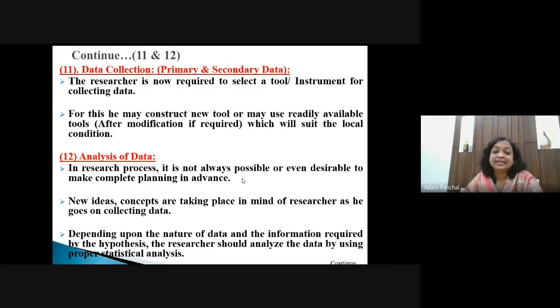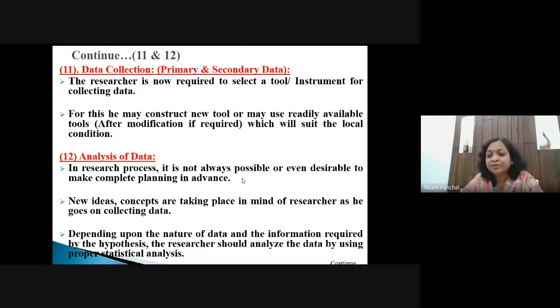The next thing is analysis of data. In the research process, it is not always possible or even desirable to make the complete planning in advance, because many times once you get data, parallelly you get an idea that something unexpected is happening. So new ideas and concepts take place in the mind of the researcher as he goes on collecting the data.